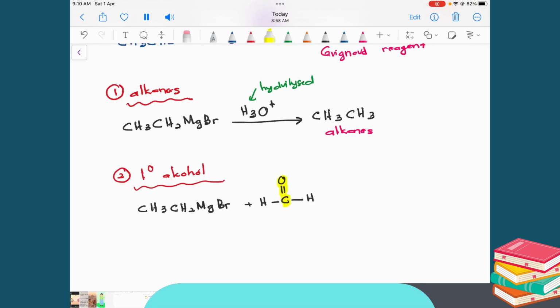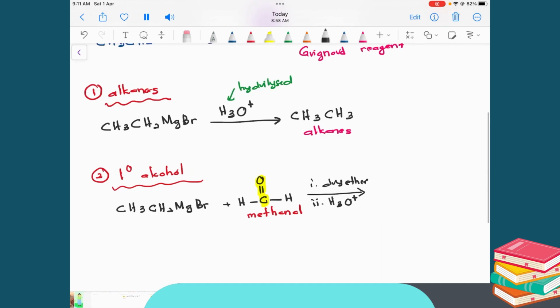When one of the neighboring atoms is hydrogen, it is considered an aldehyde. Because it only contains 1 carbon, we call it methanal. Grignard plus methanal, and the equation contains number 1, dry ether, and number 2, hydrolysis. How can we draw the product? First, you need to draw the methanal.